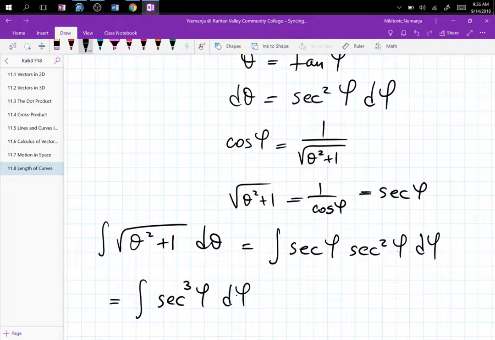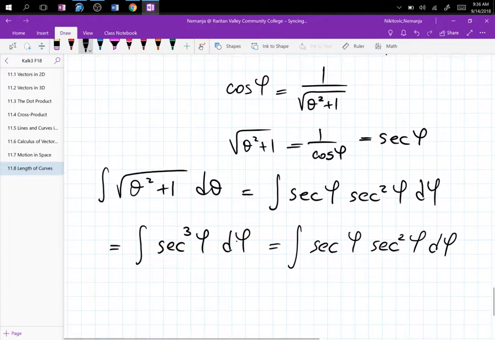Integration by parts. You have to use integration by parts to solve secant cubed, and it's going to be more work. So the way to solve this is to say secant phi times secant squared phi d phi.